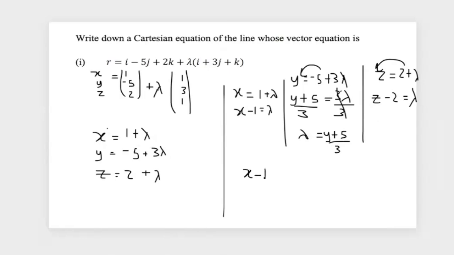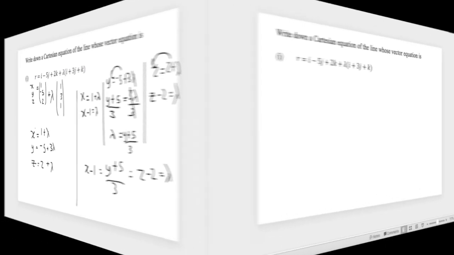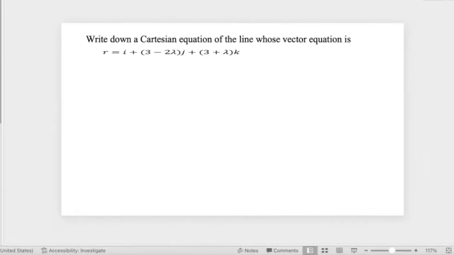So therefore you have x minus 1 equal y plus 5 over 3, and then you have z minus 2, and it's equal to lambda. That's it.